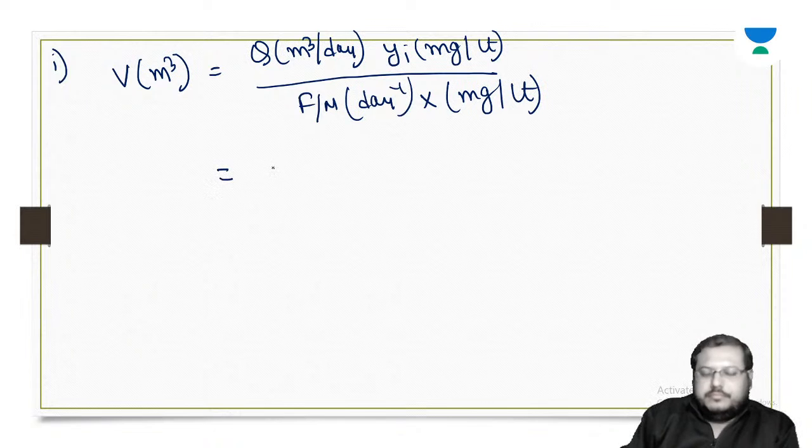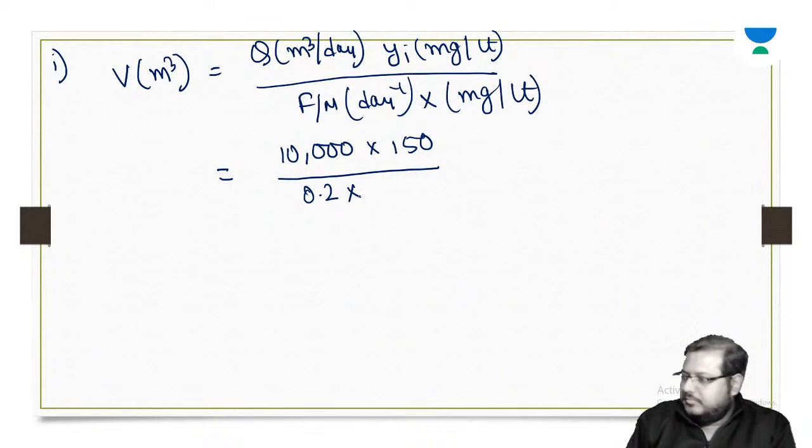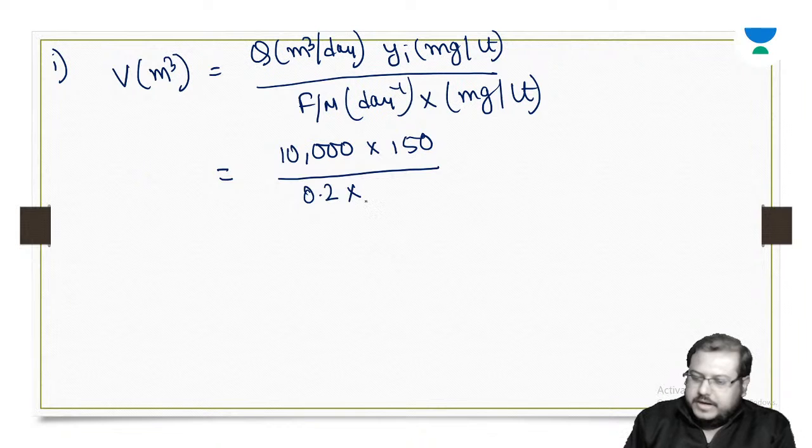So what is volume? Q is given as 10,000 meter cube per day. Yi is 150 milligram per liter. F by M is 0.2. X is provided as 3000.